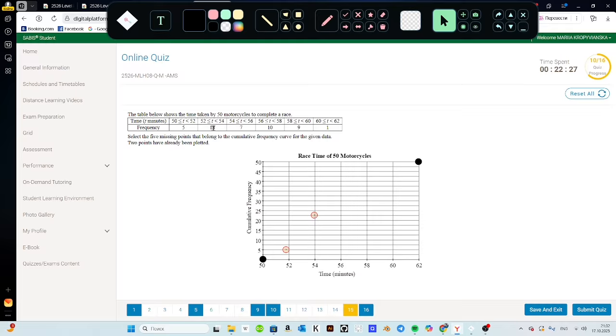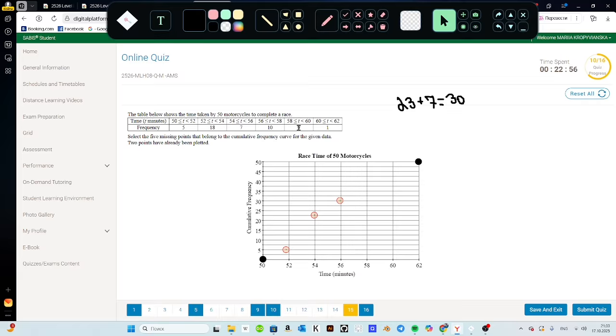Next number should be added to the previous 23 that we had before, so it should be 23 plus, in this case, 7, which gets us to 30. We look at the plot. This number should be greater or equal to 54, but less than 56, so it should be somewhere approximately over here.